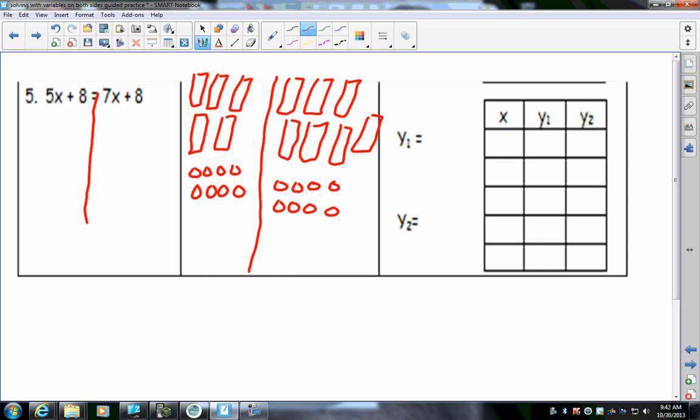Okay, remember, we want to move our x's to the left-hand side. So I want this 7x to go over to the other side. To move it, you have to do the opposite. So since it's positive, you have to subtract 7x from each side. Tile-wise, that means you would draw 7 negative x's. I'm just putting them on top of each other because those are going to cancel out.